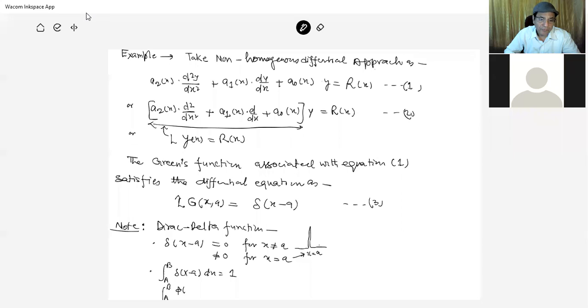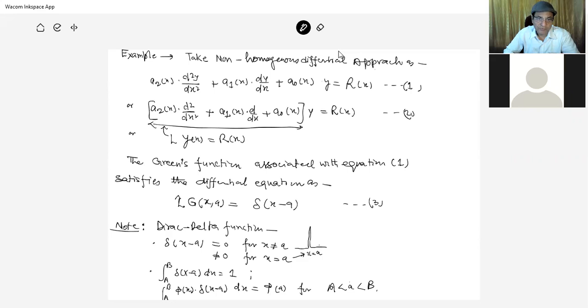And if we operate with phi of x, integral from a to b of phi of x into delta of x minus a dx is equal to phi of a. This is for the limit a to b, where a is less than capital B, that is within the limit.